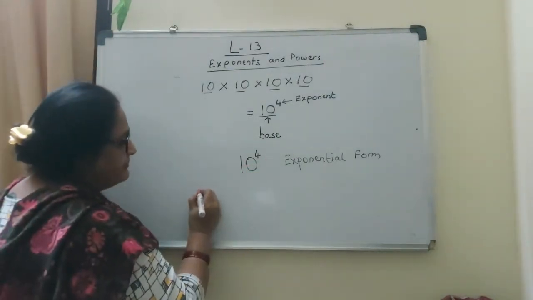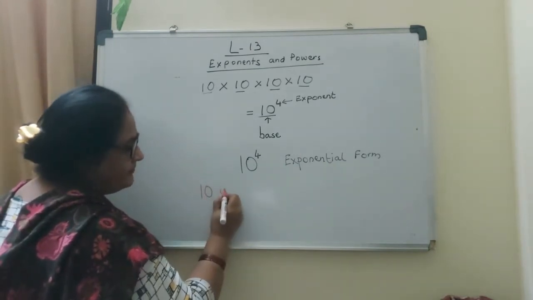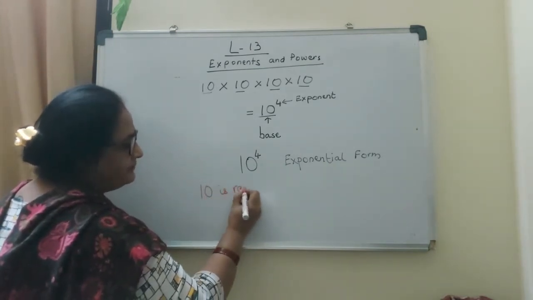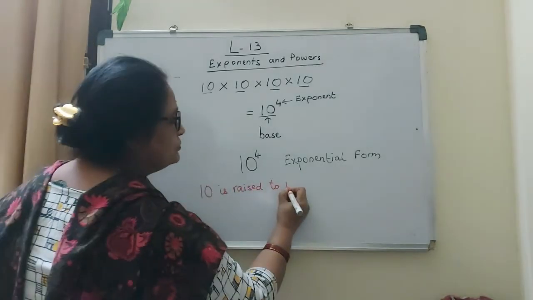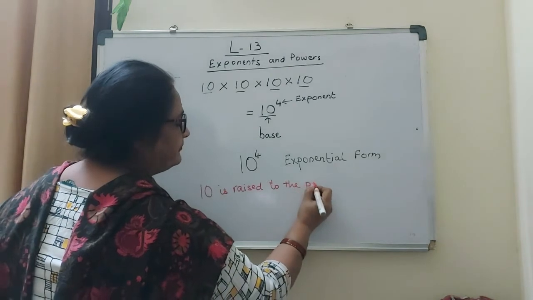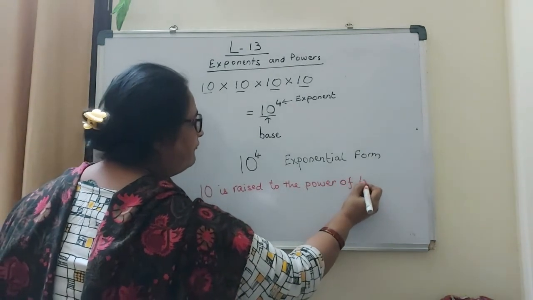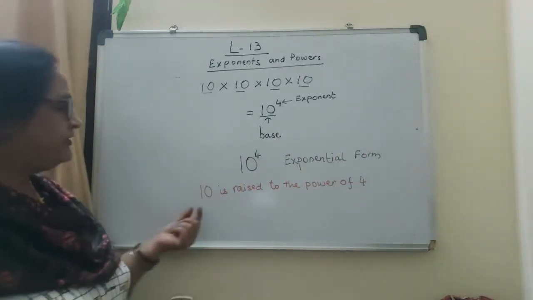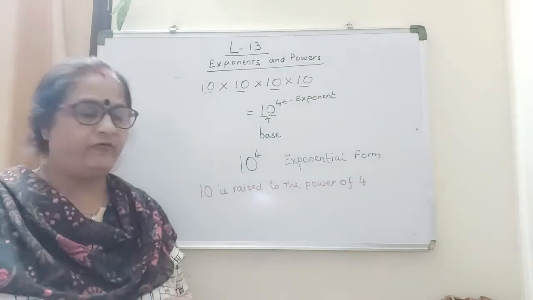To read this number, I say the base, that is 10, is raised to the power of 4. We read it as 10 is raised to the power of 4.